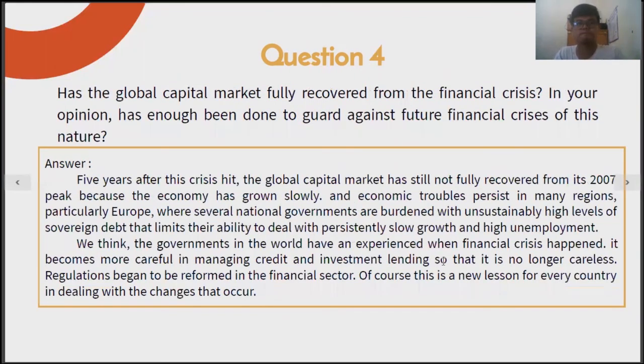The last question: has the global capital market fully recovered from the financial crisis? In your opinion, has enough been done to guard against future financial crises of this nature?